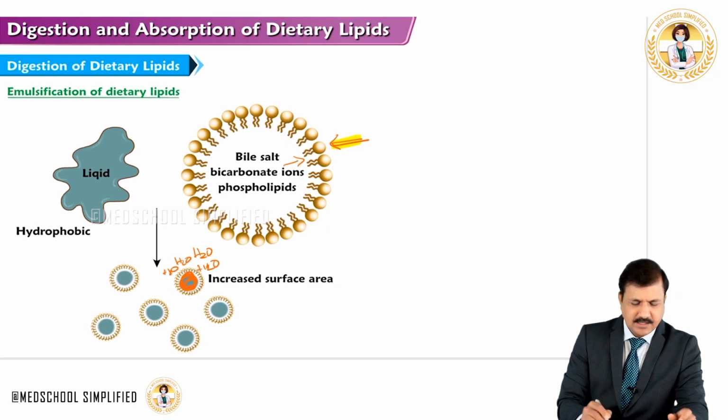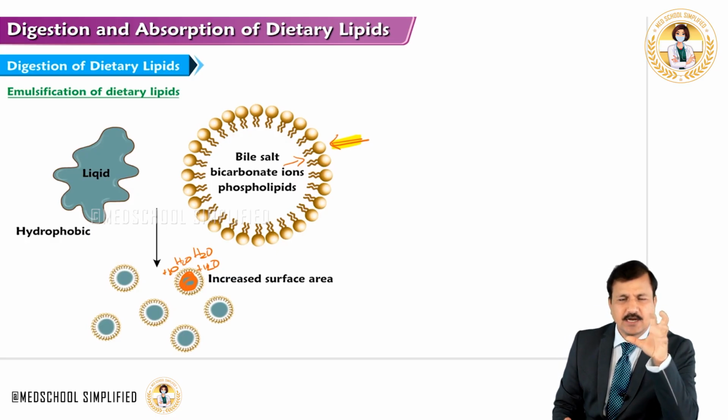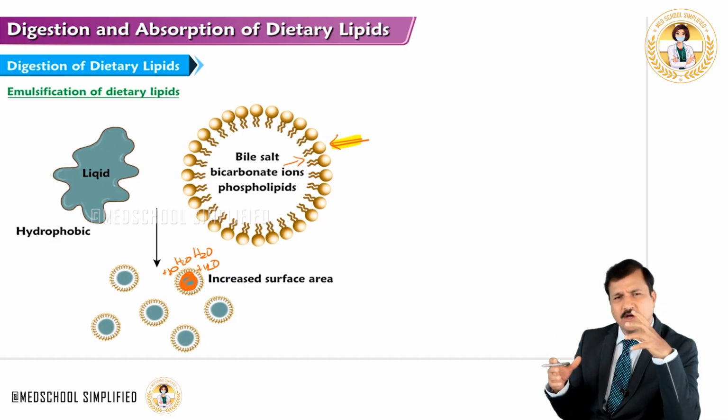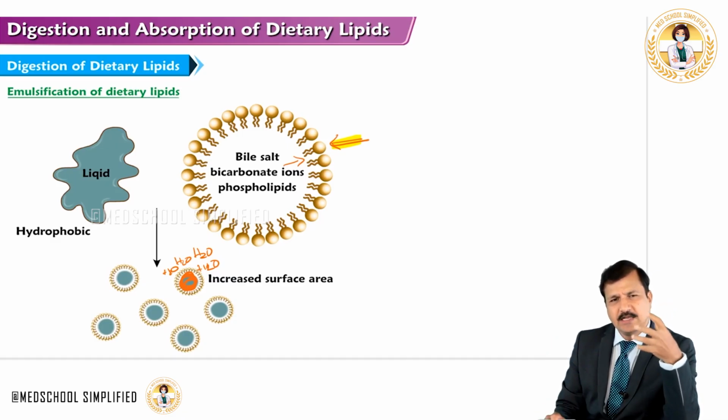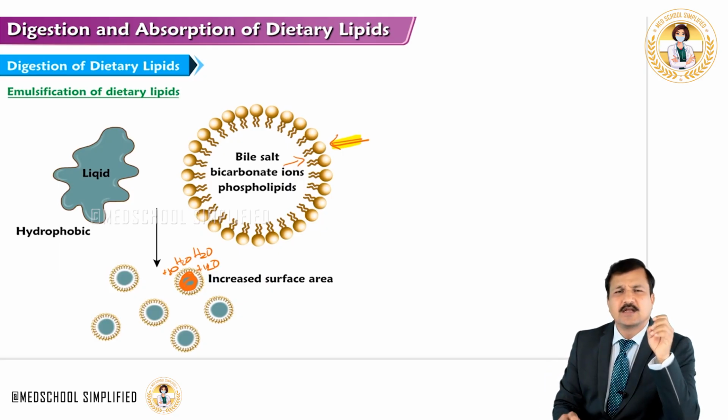Like this, the bile acids, having amphipathic nature, will keep these lipid droplets soluble in the intestine, and by breaking a big lipid molecule into small lipid droplets, they increase the overall surface area collectively and help lipid digestive enzymes coming from the pancreas to attack all these molecules simultaneously, increasing lipid digestion in a short time.